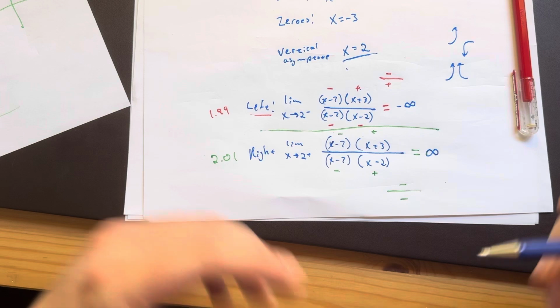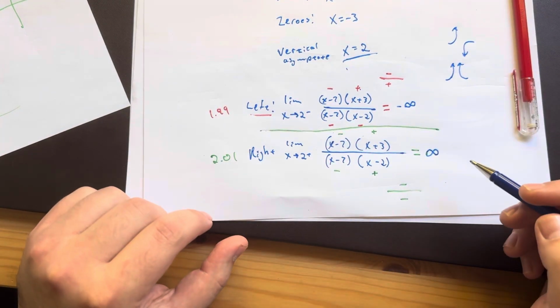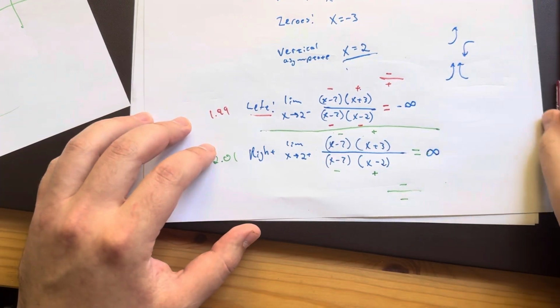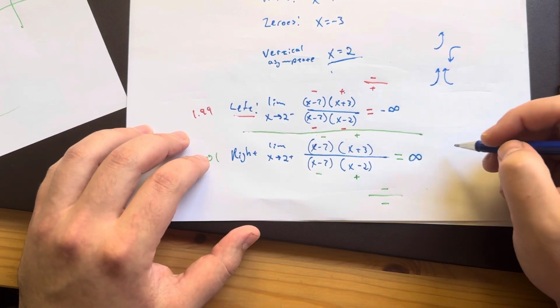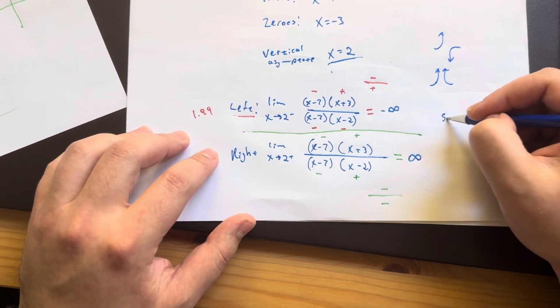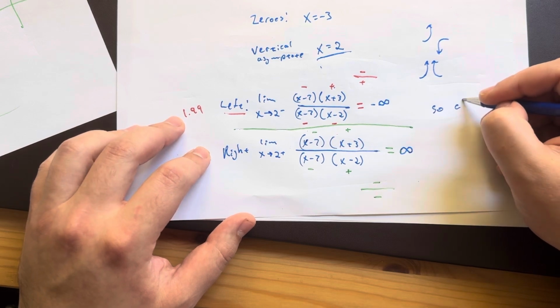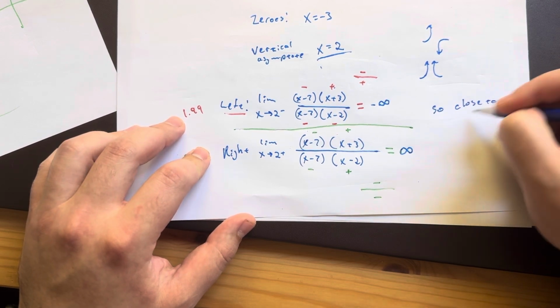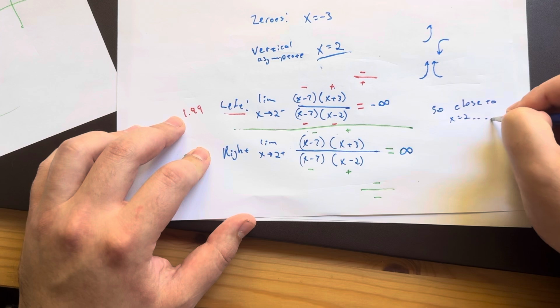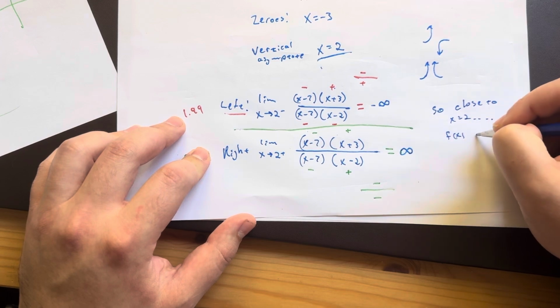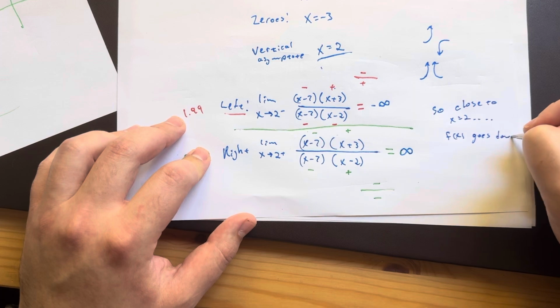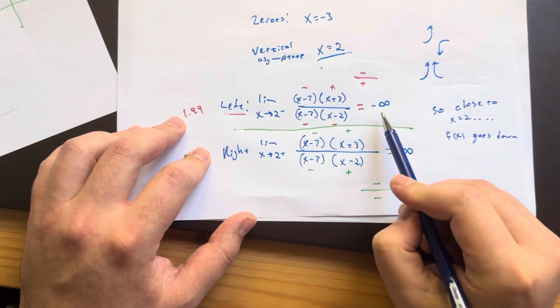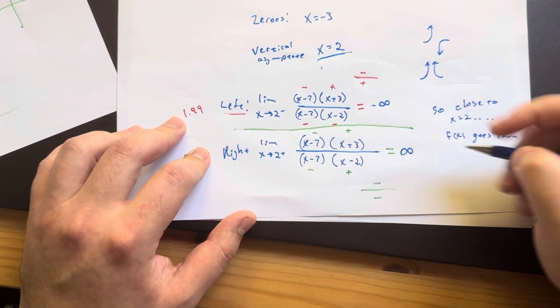What does this mean as far as the behavior of this f(x) around x equals 2? That means that close to x equals 2, f(x) goes down, and was that on the left or right? I'm such a silly goose. Left.